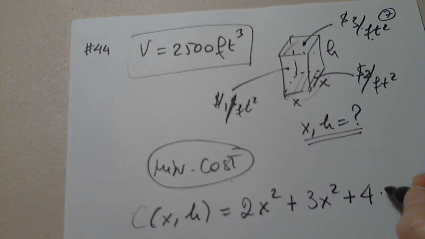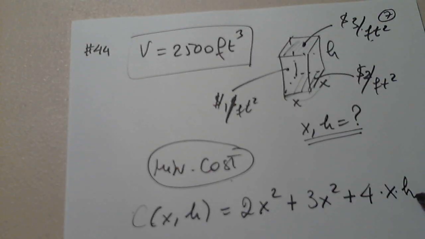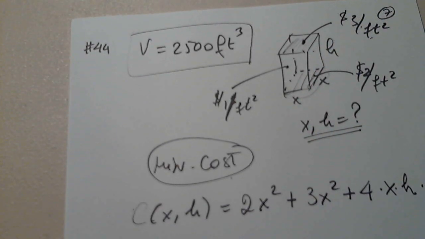So it's 4 times x times h, which is the area, times 1. I shouldn't even write it because that's the cost per square foot.